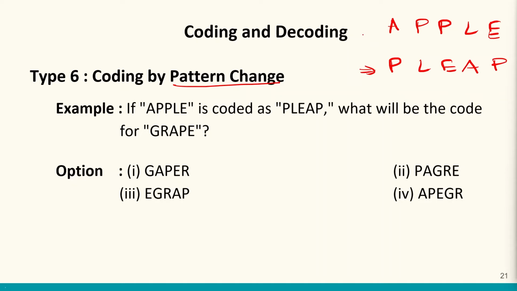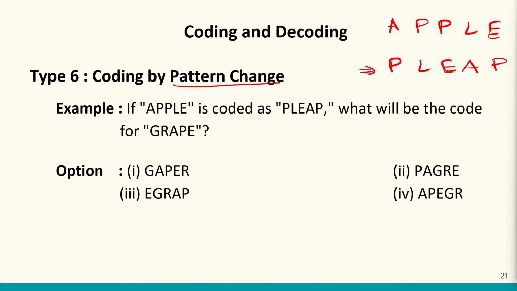If I see that all the letters are similar, in this case I can eliminate the option of coding by letter. These positions are not increased or decreased in any way. I can see an A, a P, L, E. So positions are not changed. So if the positions are not changed, that means it could be either coding by pattern change or coding by letter inversion as well.